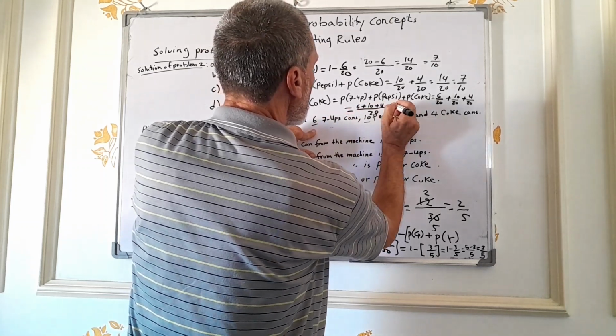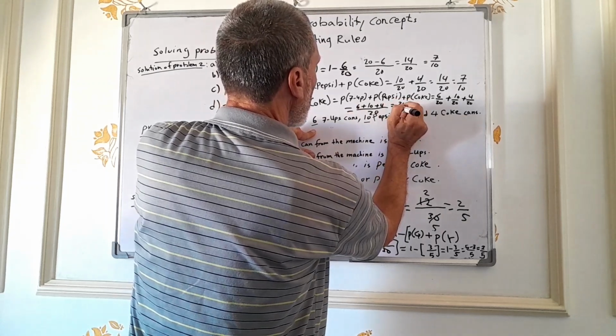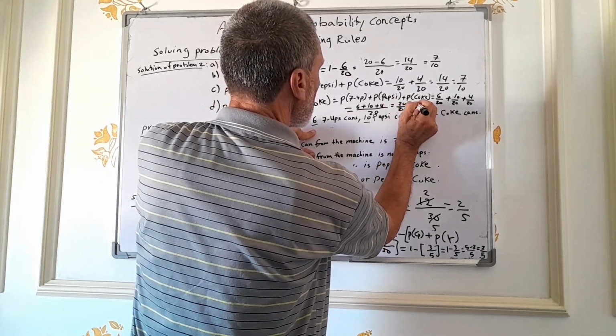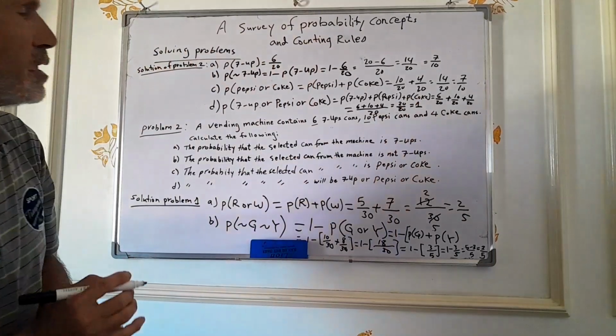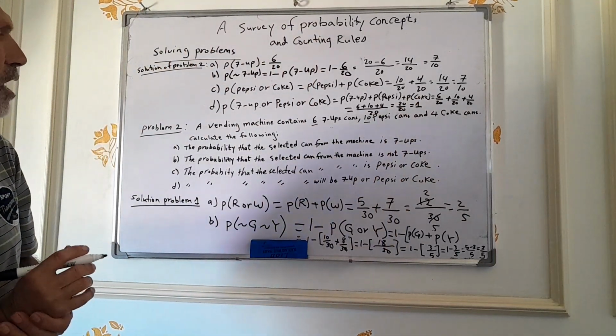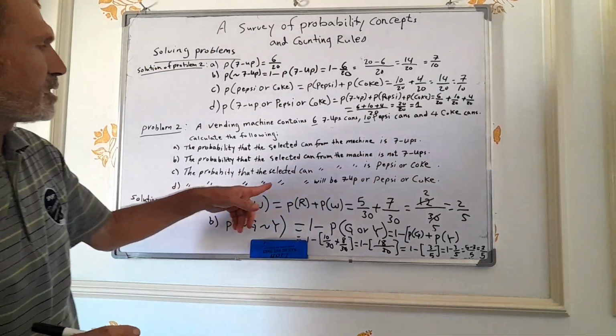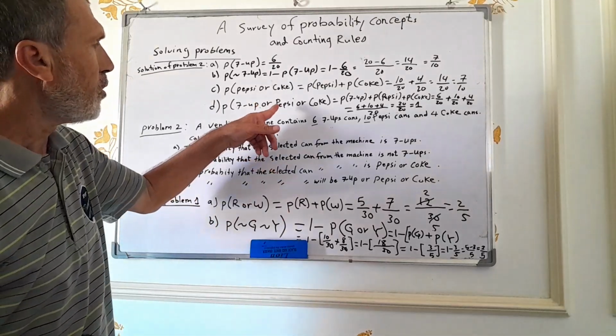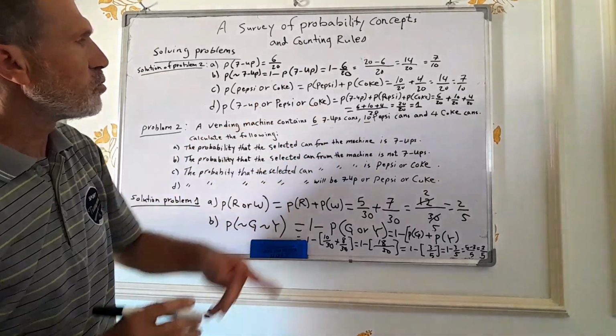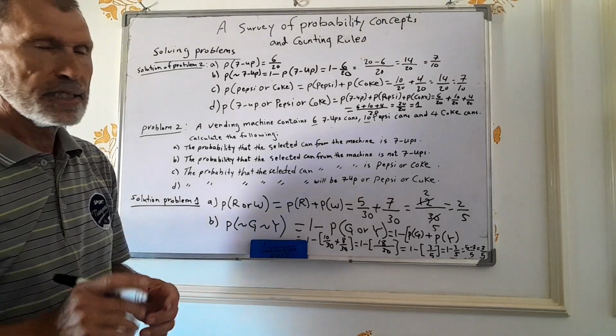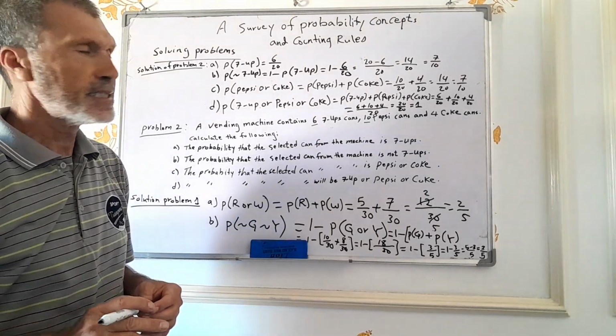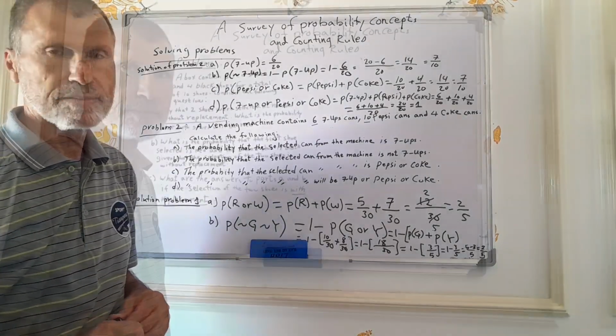So we get 20 over 20, which is equal to 1. So the probability that the selected can would be 7 up or Pepsi or Coke is going to equal 1, which means a probability of 1 is certain to take place.